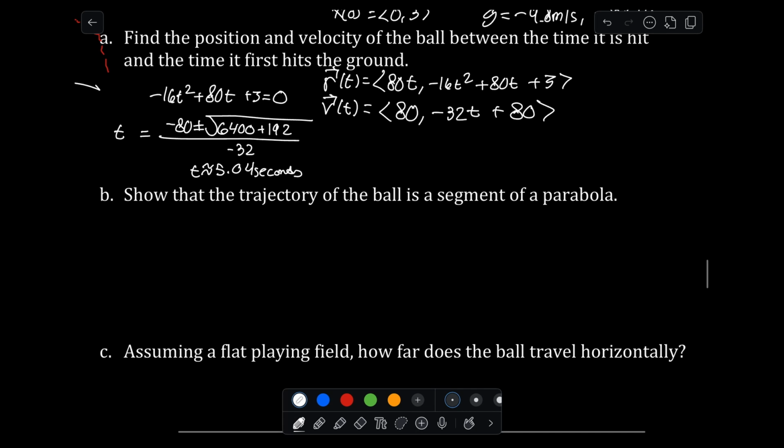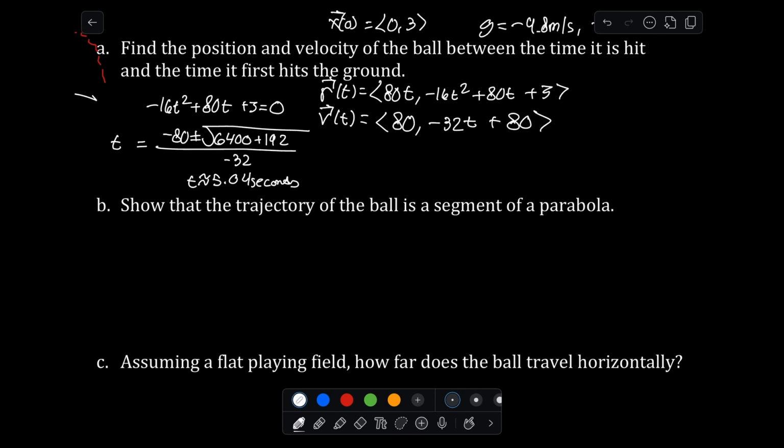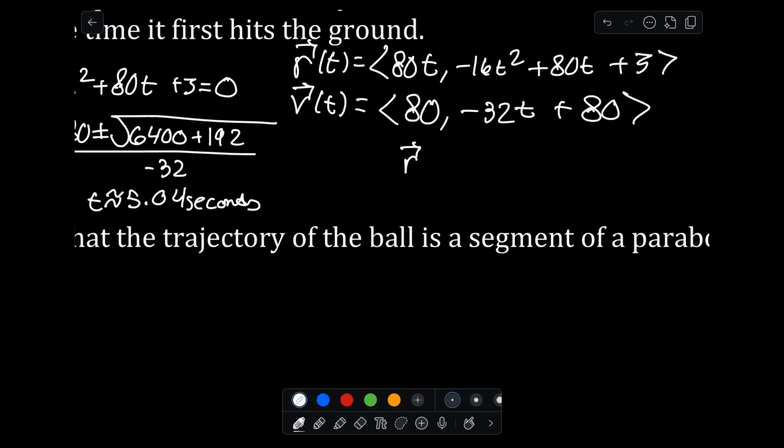And then we are going to plug in this for our v and our r equation. So if we know that r of 5.04 is this, it's going to approximately give us 403 feet, and then 0 in this.